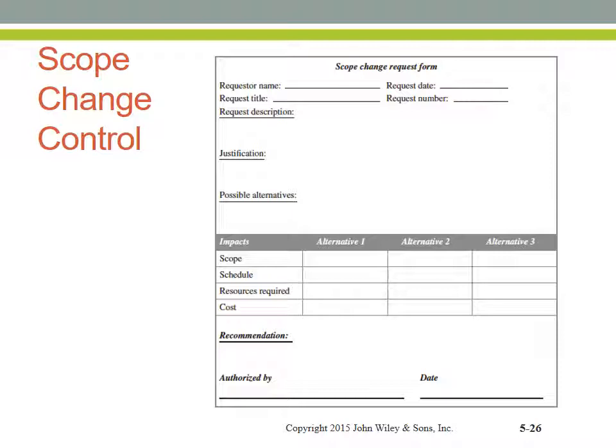Because when expectations are unclear or not aligned between the project team and external stakeholders, then scope creep can occur.